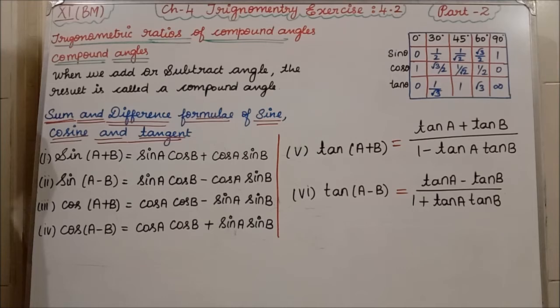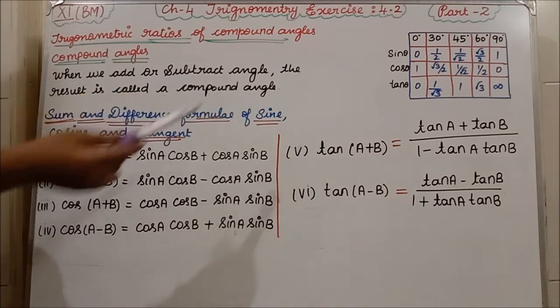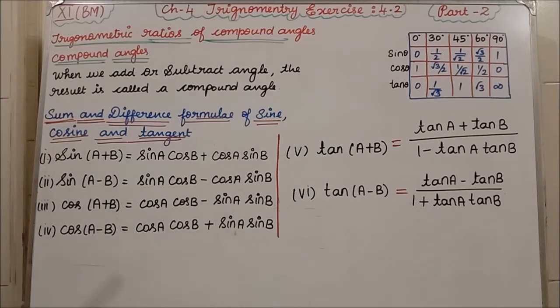Okay, now see the fifth formula, that is a very important formula. We will be using that formula in more places. Tan A plus B is equal to tan A plus tan B in the numerator, divided by the denominator 1 minus tan A into tan B. This is a very important formula.